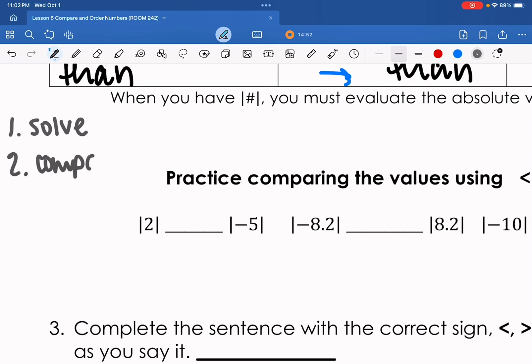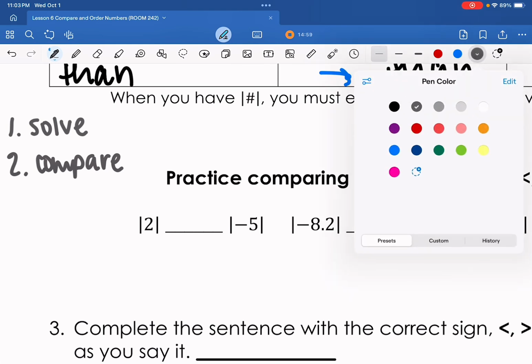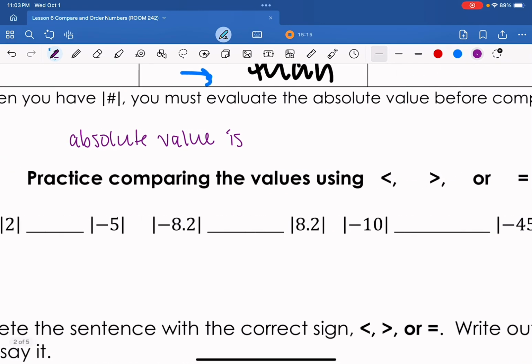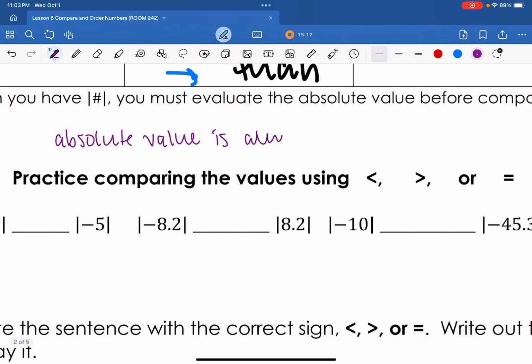Now, I also want you to remember, we've talked about absolute value before, right? An absolute value is a distance. So absolute value is always going to be positive. Okay?